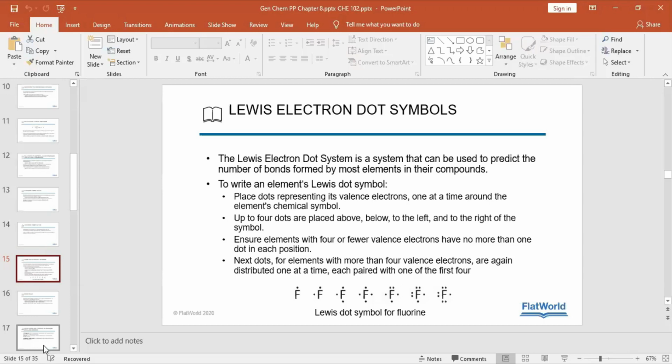To understand the geometry of the molecule, we need to understand how the electrons are distributed. When I say electrons, I'm not talking about all the electrons. I'm talking about the valence electrons. What's a valence electron? Can anyone tell me?